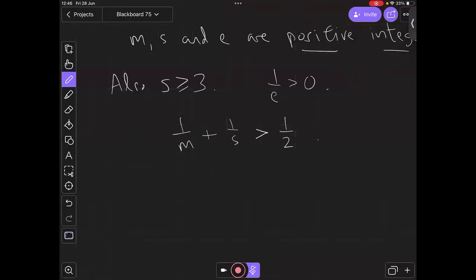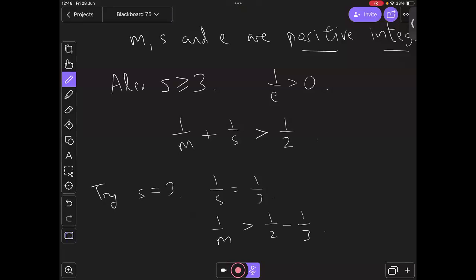Once you have that, you can start to make a table. So try S equal to 3. That means 1 over S is 1/3. And that means that 1 over M has to be bigger than 1/2 minus 1/3, right?